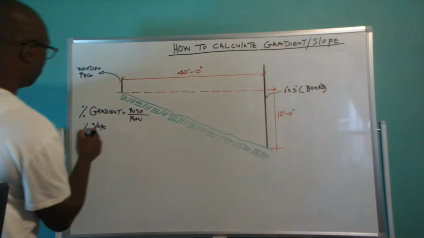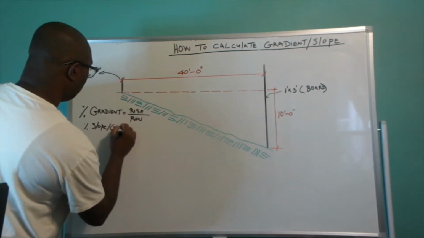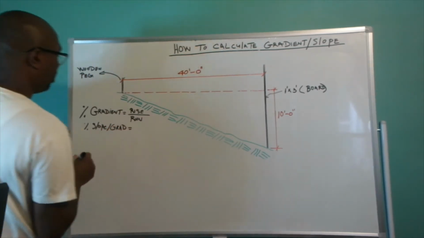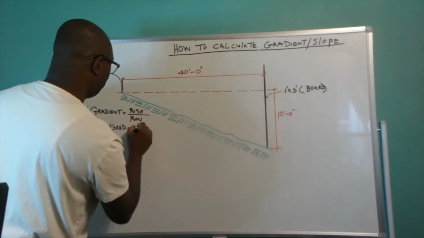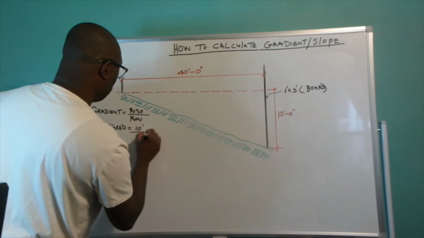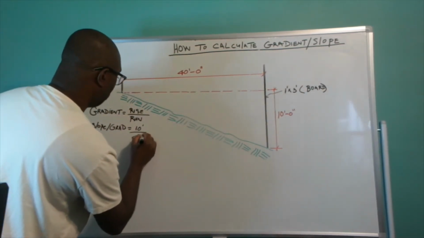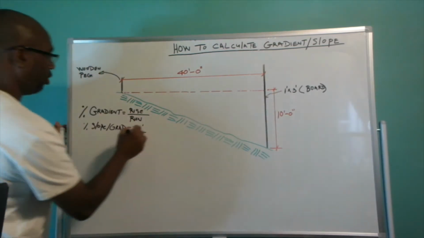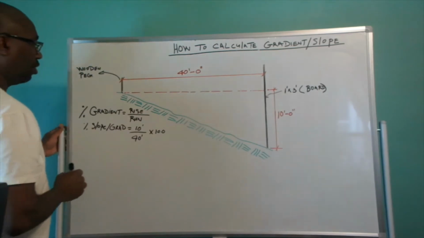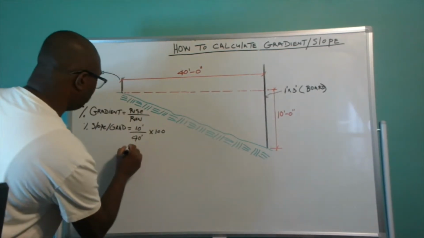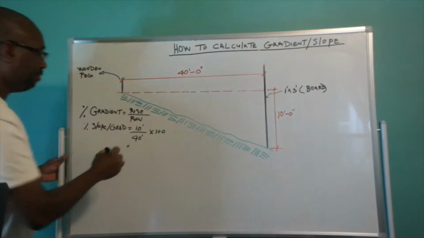So the percentage slope or the percentage gradient is equal to a rise of 10 feet and a run of 40 feet, times 100. Right? So if we work this out, this works out to be 25%.